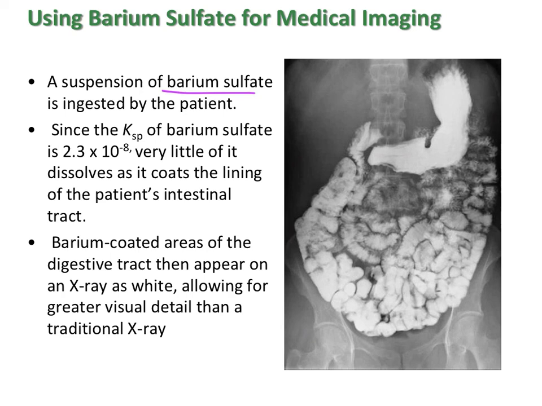It's considered, overall, quote unquote, an insoluble compound or sparingly soluble. So the Ksp of barium sulfate is 2.3 times 10 to the negative eighth, which means it's not going to dissolve whenever you ingest it. And whenever you take the X-ray of it, it actually helps show a lot of detail. So this is an example of how these sparingly soluble compounds are useful in technology or medical technology.